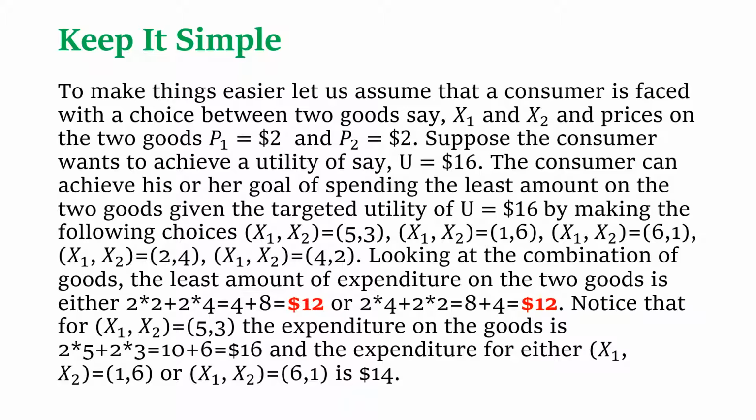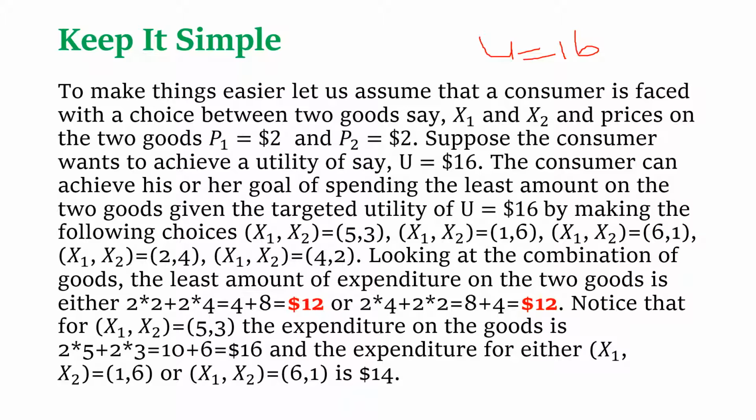This is the utility that the consumer wants to attain. It wants nothing less than U equals 16, right? So that is what this consumer wants to attain.